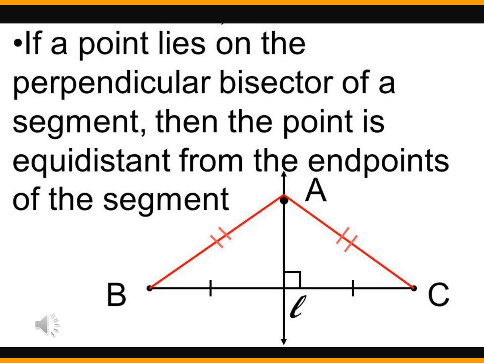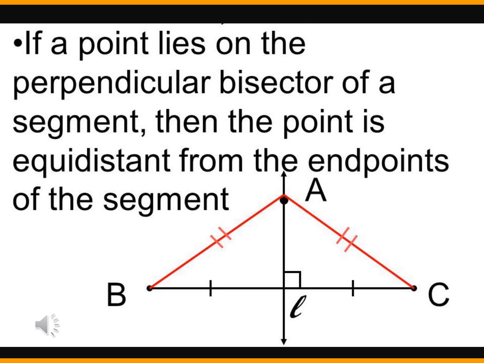That leads into the first rule we're going to learn about bisectors and triangles. It says if a point lies on the perpendicular bisector of a segment, then the point is equidistant from the endpoints of the segment. And so you can see we have a perpendicular bisector here.